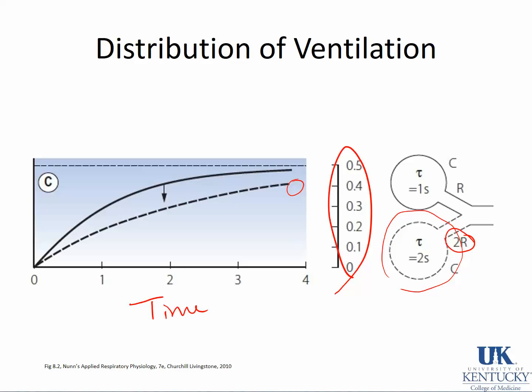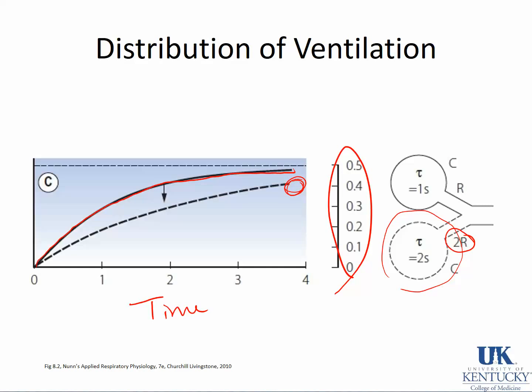So what happens is that because of the increase in airway resistance in this lung unit right here, ventilation is preferentially distributed to the lung unit with the normal resistance, and there's less ventilation that goes to the lung unit with the increased resistance.